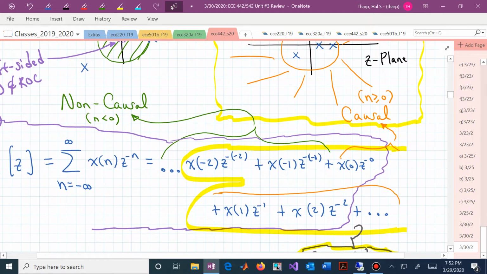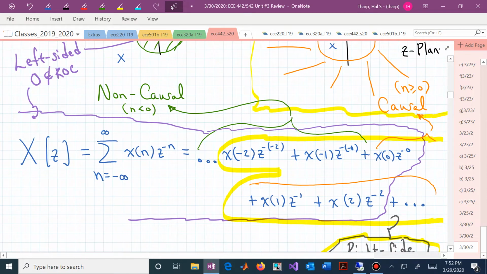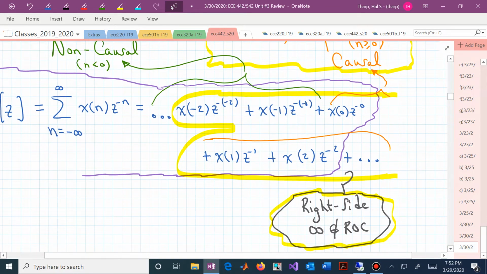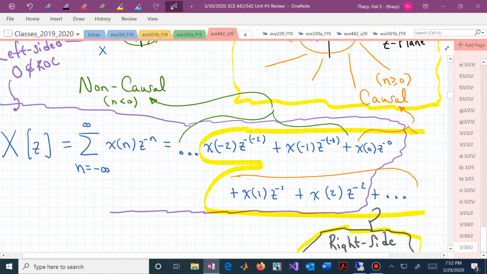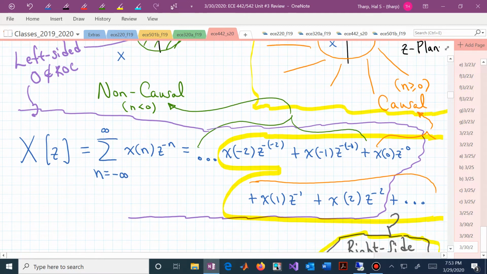So a causal is always right-sided and a non-causal is always left-sided, but a right-sided sequence is not necessarily causal. It could include more terms, and a left-sided sequence is not necessarily non-causal. It also could include more terms.